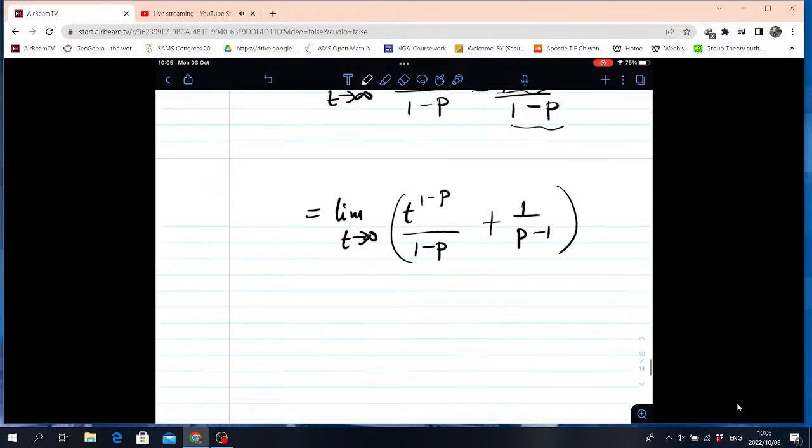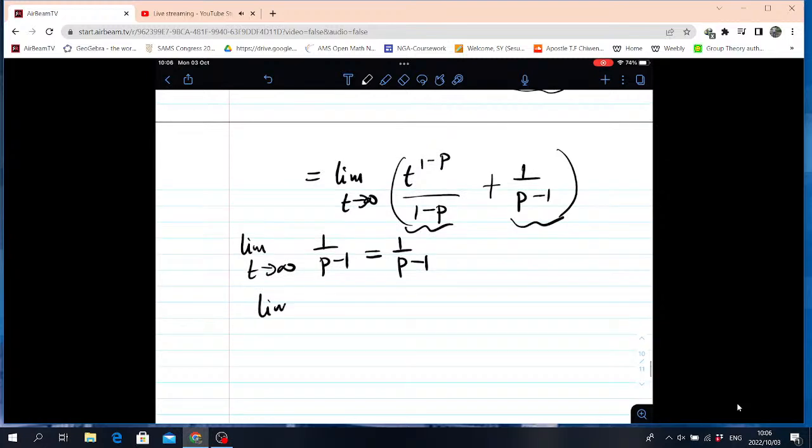Right, and then we know the limit of a sum of two functions there. The last one, because there's no t involved, we can say that is 1 over p minus 1. And then the other one, the limit as t tends to infinity of t to the 1 minus p over 1 minus p.